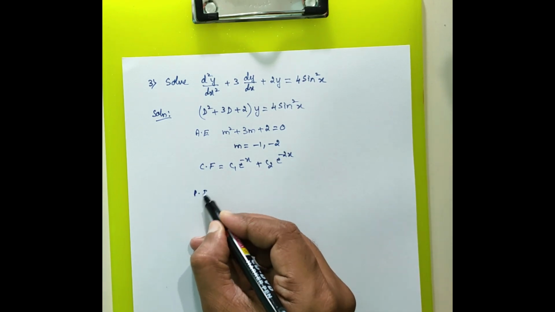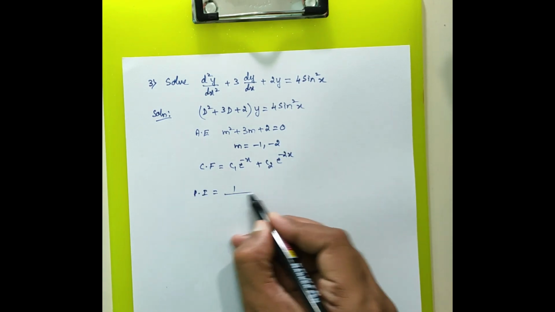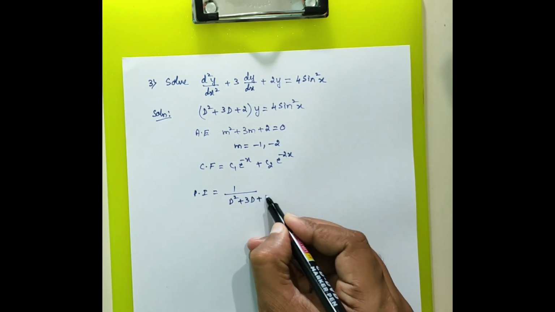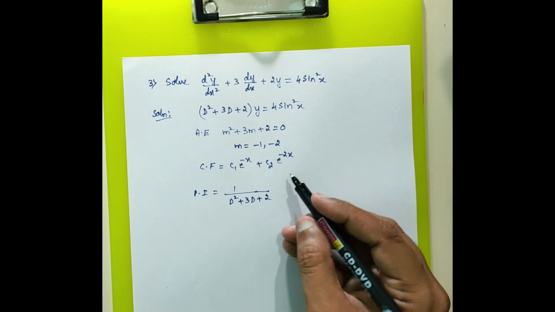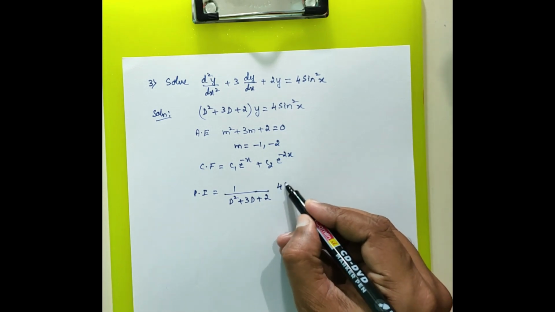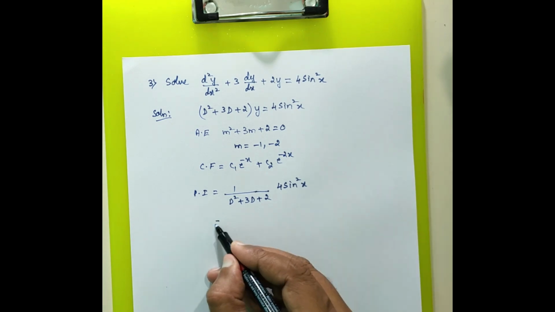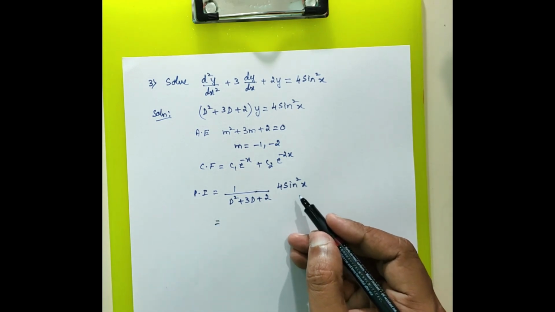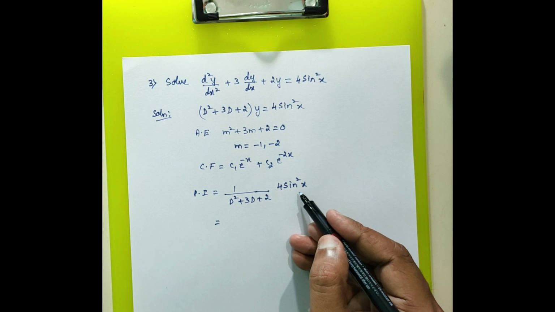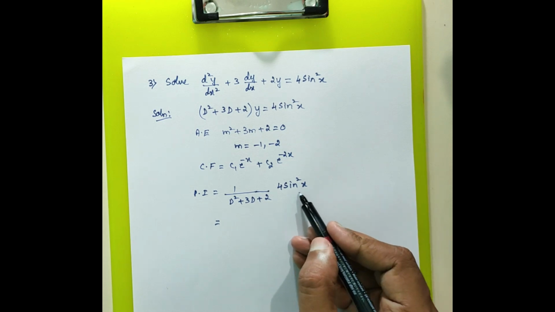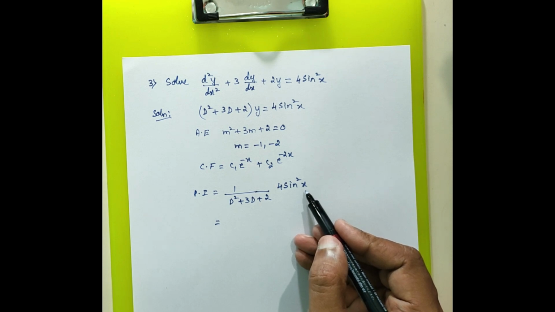Now let us find the particular integral. It is 1 by d square plus 3d plus 2 times the right hand side value, 4 times sine square of x. If you observe, this is not in the standard form. It should be sine ax, but here we have sine square of x.